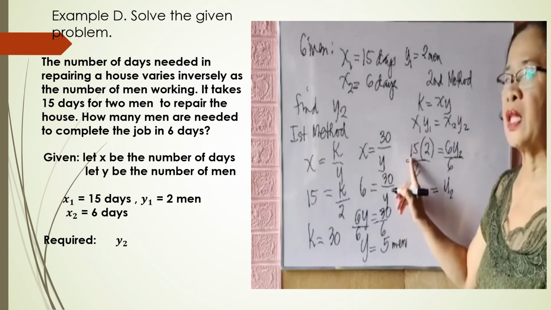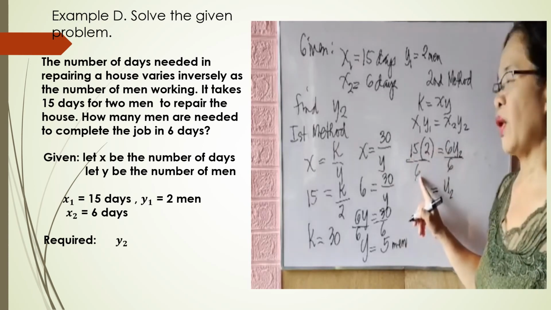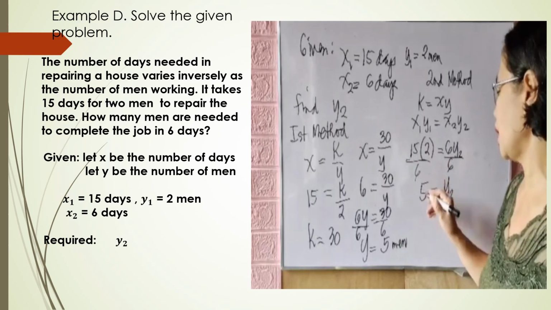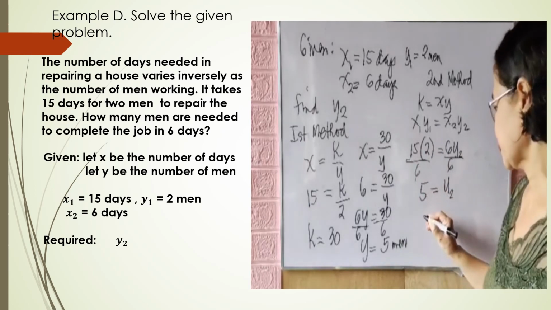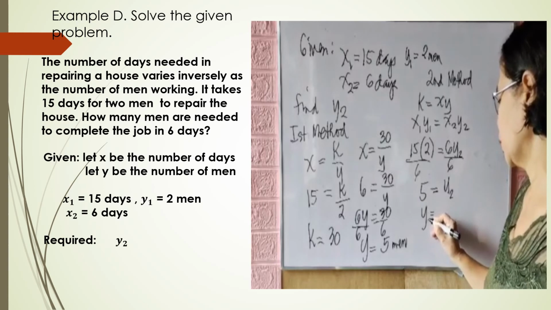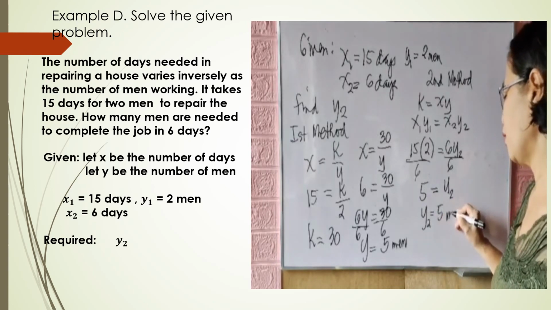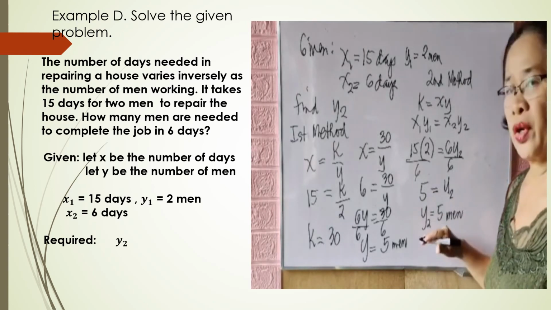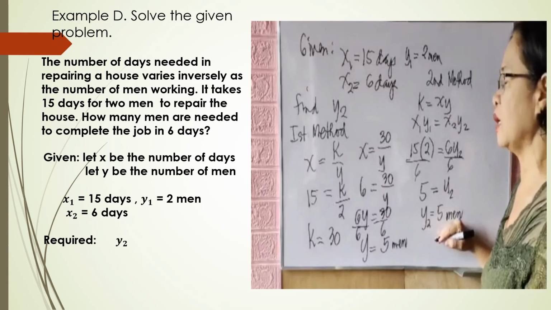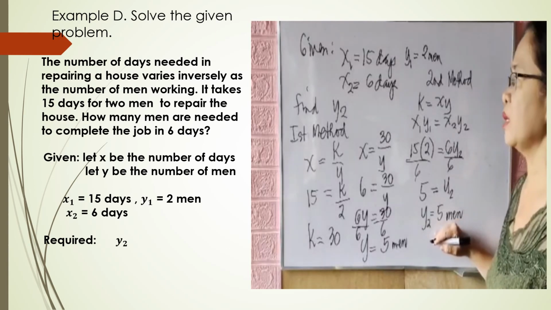Then 15 times 2 is 30, divided by 6 is 5. So therefore, y sub 2 is equal to 5 men. So there are 5 men needed to finish the job in 6 days.